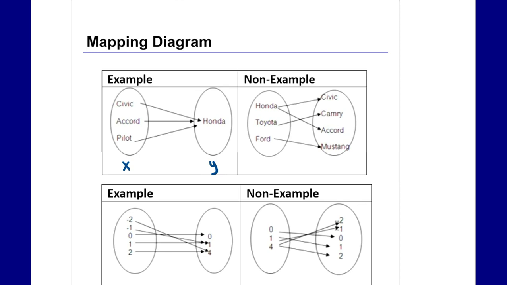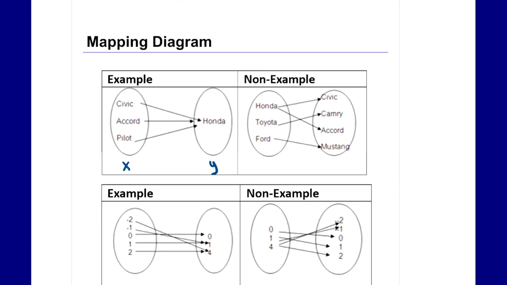When we're looking to see if it's a function or not, we say, okay, for every x value, is there only one y value? For a Civic, is there only one possible answer? In which case, yes. For this mapping diagram, there's only one possible y value for each of the x values. It might seem a little confusing because they're all the same y value, but that's okay.